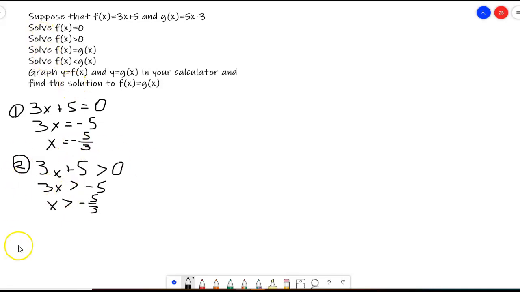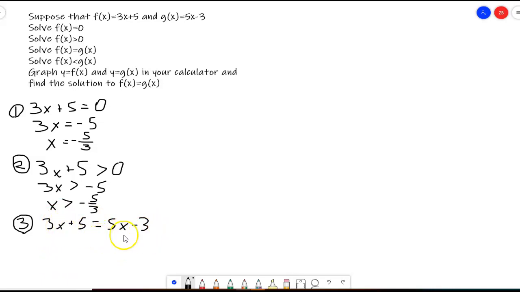All right, the next one, it says solve f of x is equal to g of x. So number 3. So f of x is 3x plus 5. And we're going to set that equal to g of x, the 5x minus 3. All right, so there's lots of different ways you can do this.